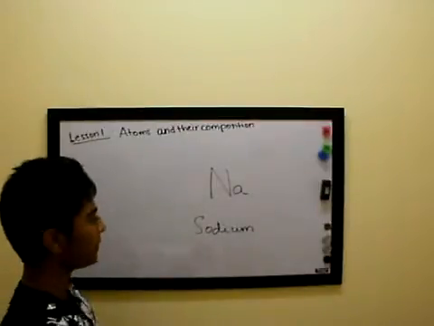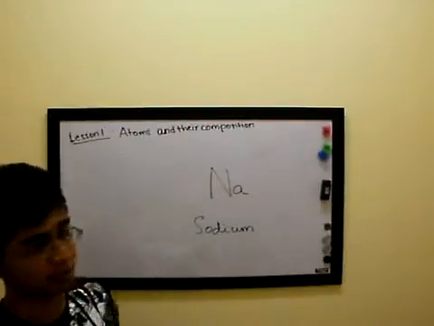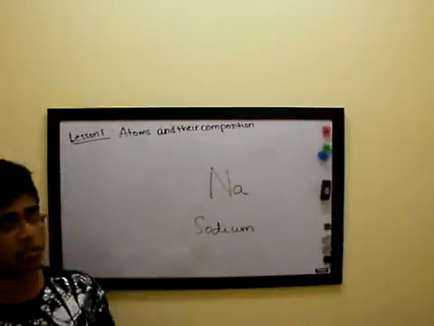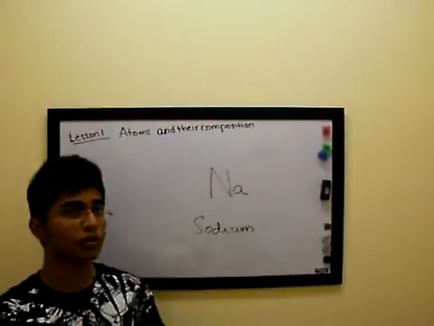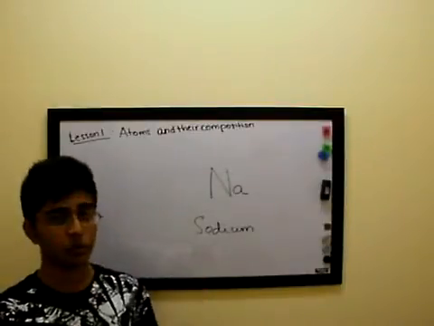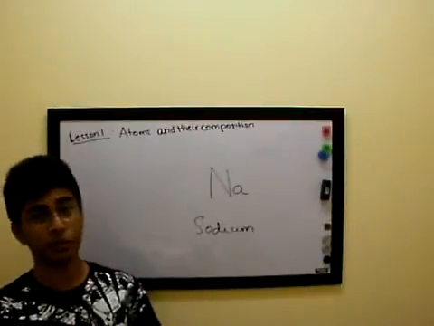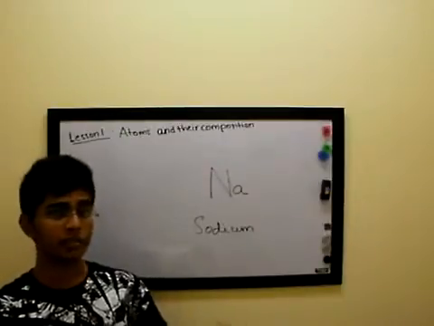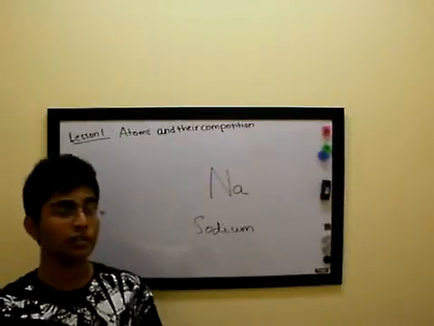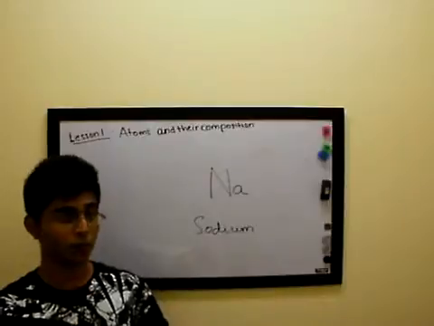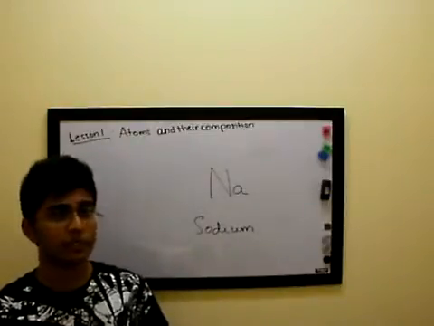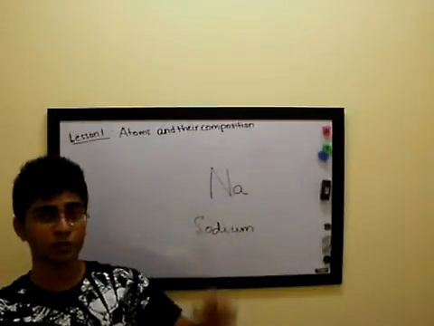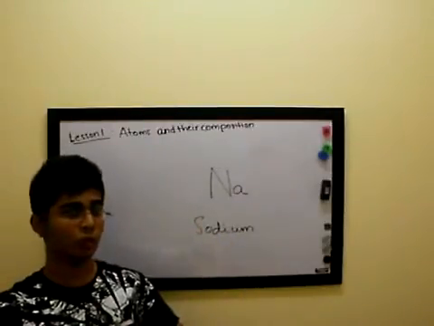Now, all atoms are composed of three things. They are composed of protons, electrons, and neutrons. Protons have a positive charge, electrons have a negative charge, and neutrons have no charge. They're neutral. Now, a positive and a negative will cancel out. So if you have an atom with one electron and one proton, that means it has no charge because you have a positive one and a negative one.